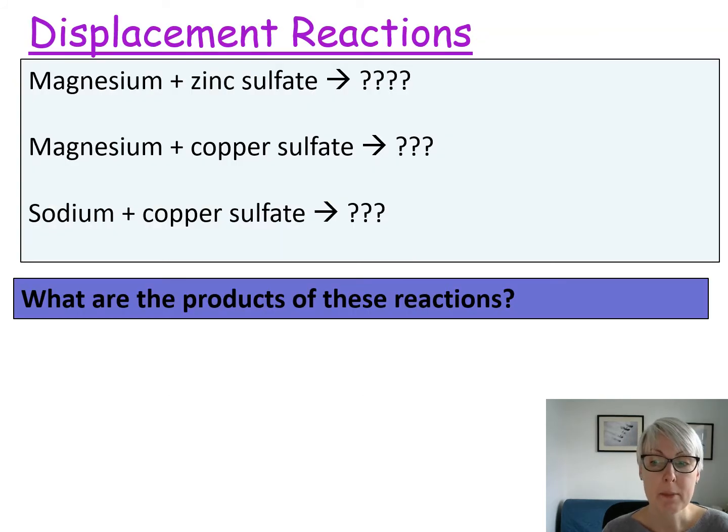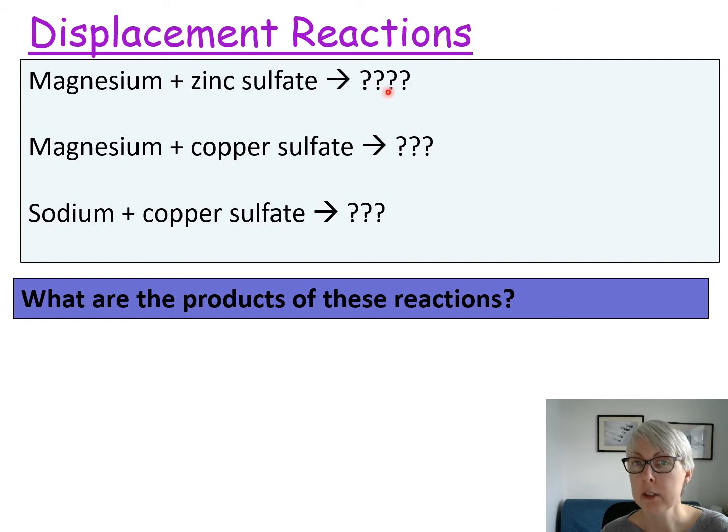Okay, so in a minute I'm going to ask you to pause this video again so that you can have a go at doing some of these for yourself, but just listen to these instructions first. So remember that when you are writing equations, the arrow should be in the middle. Your reactants, that's the things you start off with, should always be to the left of that arrow.